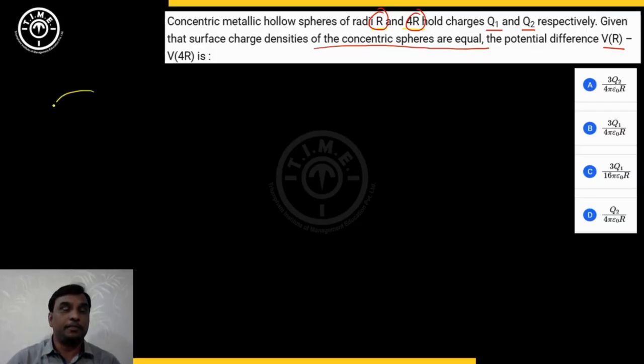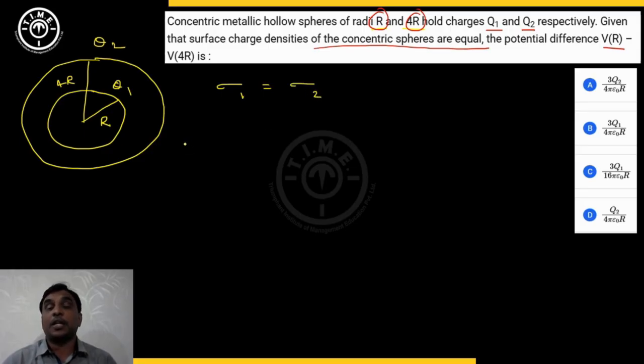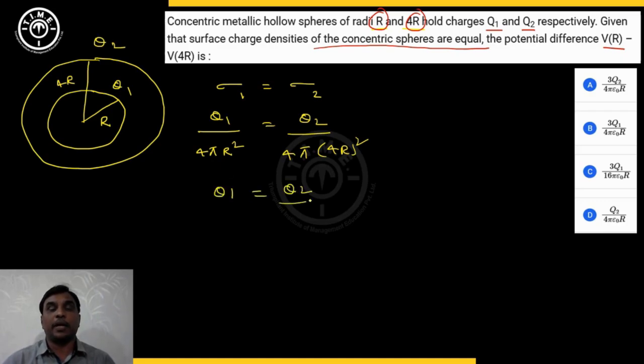This is the sphere whose radius is r, to which I've given charge q1, and there is another sphere whose radius is 4r, to which I have given charge q2. The charge densities are the same: surface charge density is charge by surface area, 4πr². So q1/(4πr²) = q2/(4π(4r)²), which gives q2 is equal to 16 times q1.